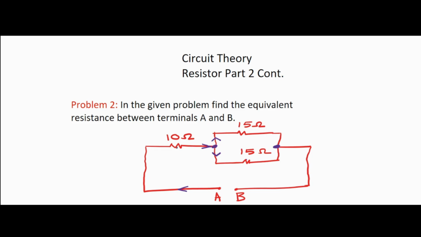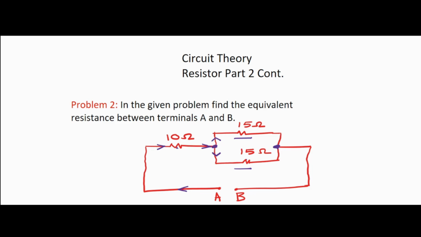Why is it in series? Because the whole current coming out from terminal A passes through the 10 ohm resistor, so the 10 ohm resistance is in series. And as the current branches at that point and the two currents meet again at the same point, the two 15 ohm resistors are in parallel.